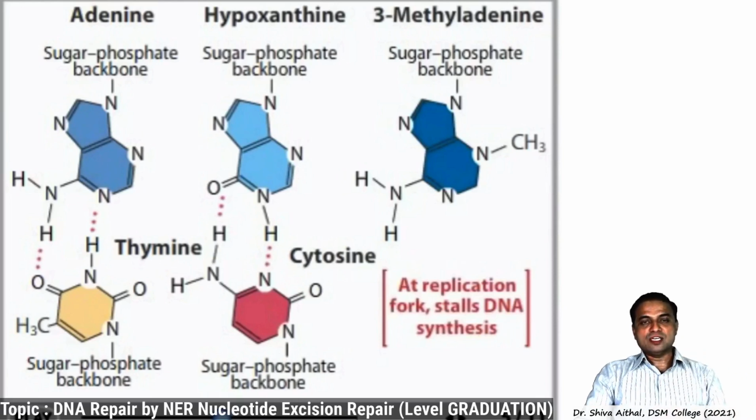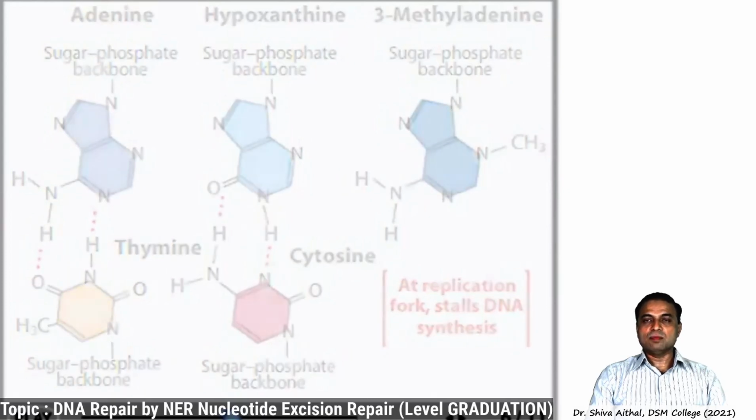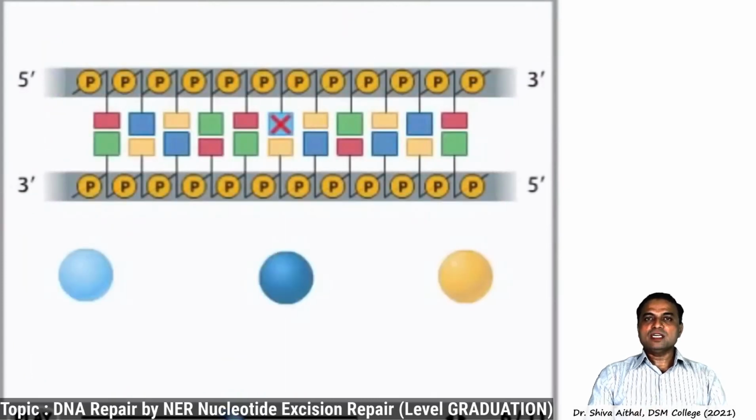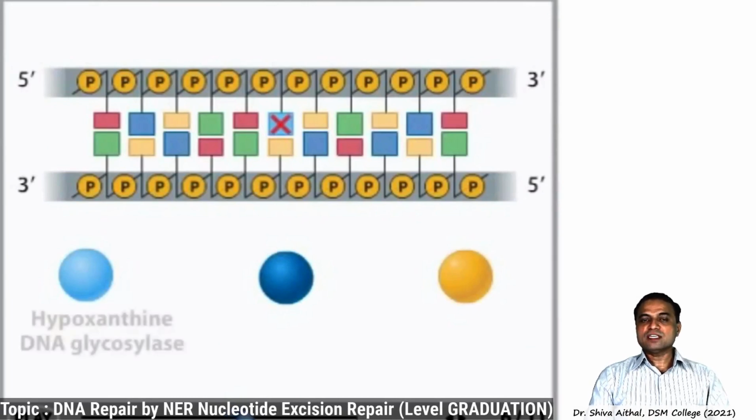It halts the replication fork, meaning an apurinic or apyrimidinic site can be formed. Consequently, a repair system is required, and this repair system is very vital for the survival of that organism. Base excision repair employs a variety of glycosylase enzymes which can recognize and remove the damaged bases from the phosphodiester backbone.